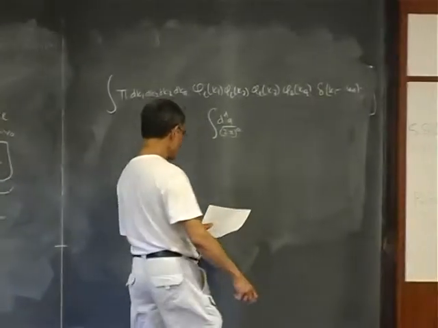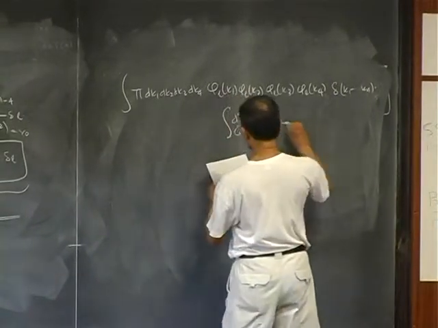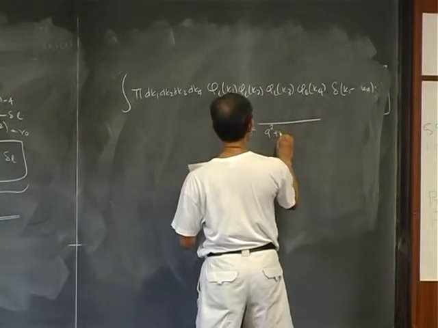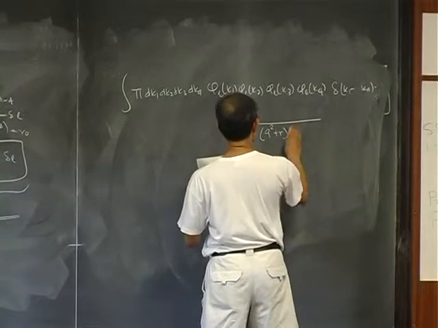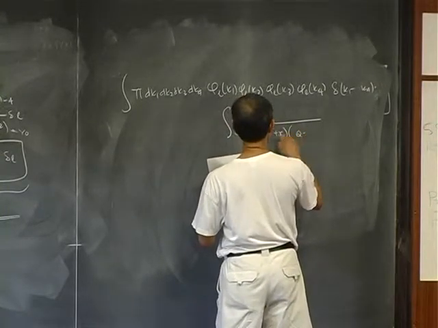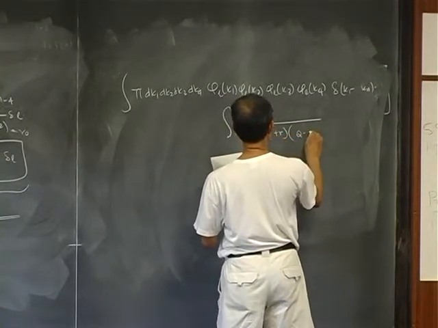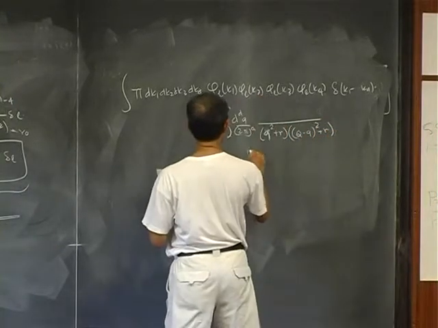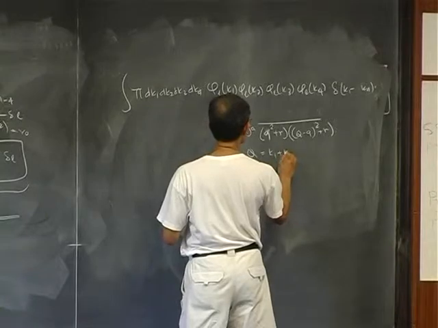And the rest, again, you have to do yourself. This integral just becomes 1 upon q square plus r, and then 1 upon Q minus q whole square plus r, where Q is k1 plus k2.